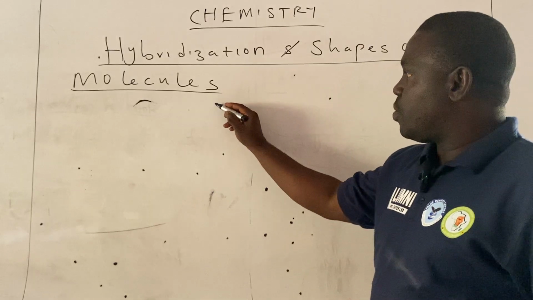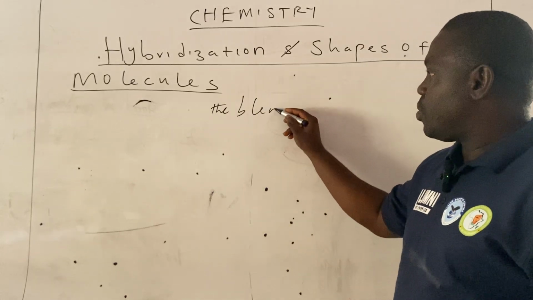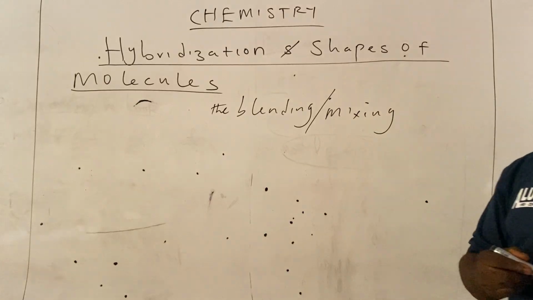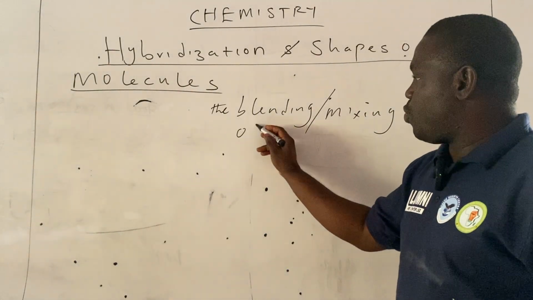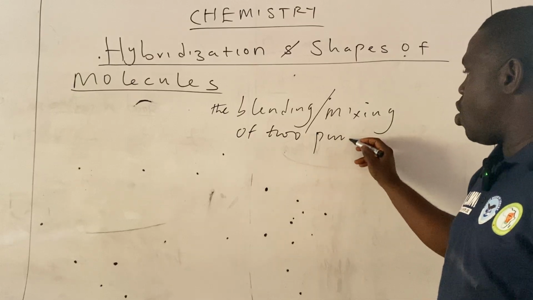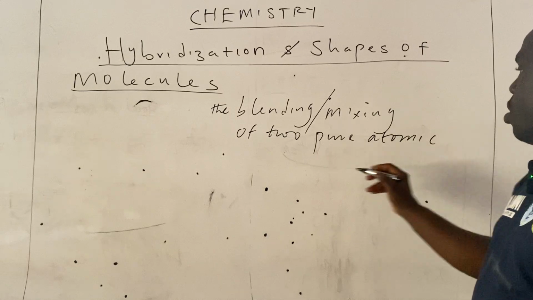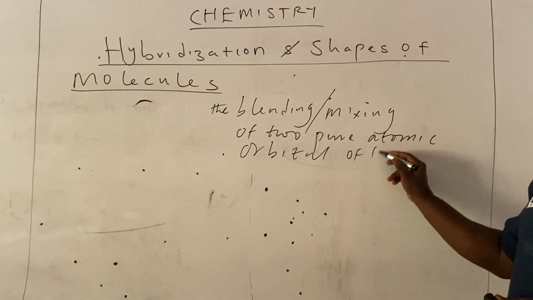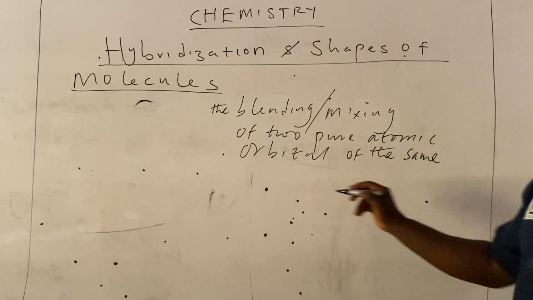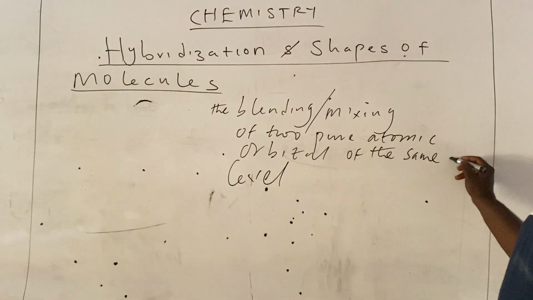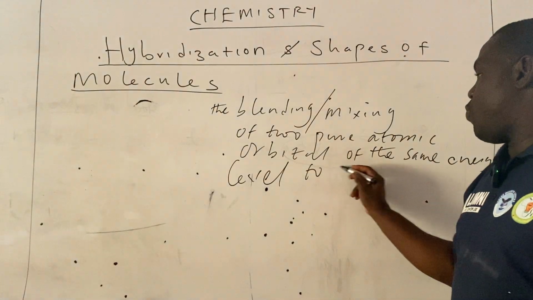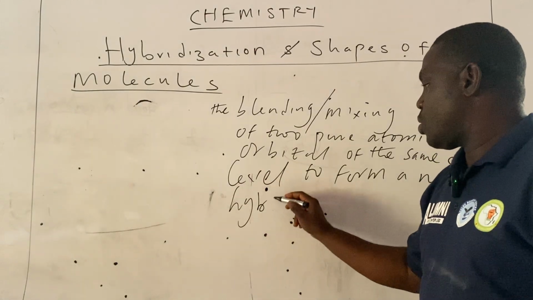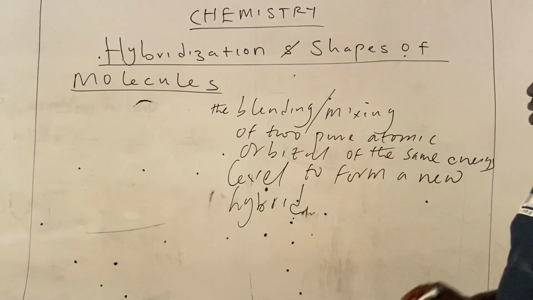Hybridization is the blending or mixing of two pure atomic orbitals of the same energy level to form a new hybrid.